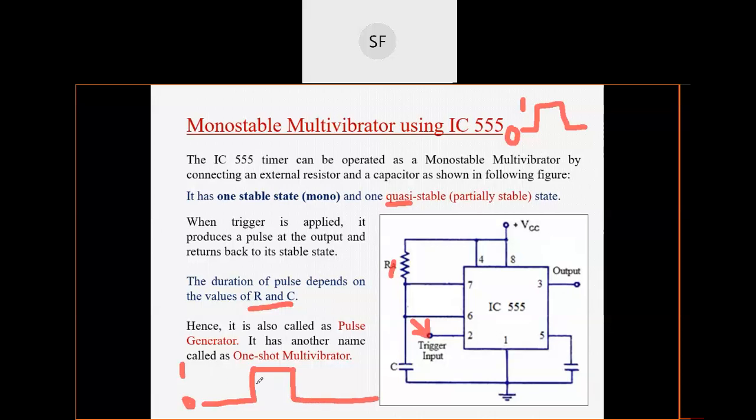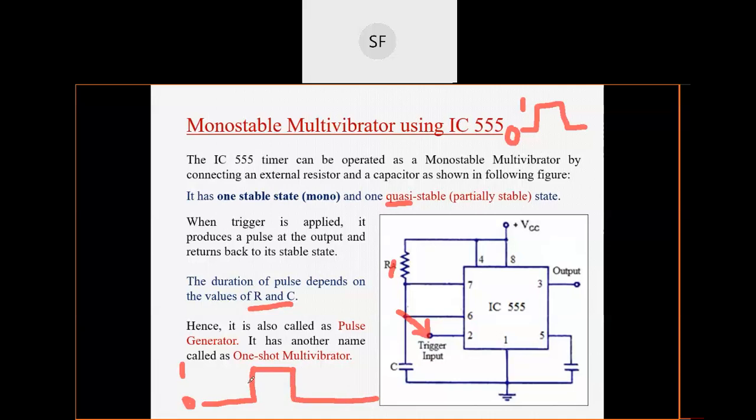So when you apply an external trigger at pin number 2, only then your circuit will change its state and remain in the other state for some period of time. How much time? That will be given by the values of R and C, and it will automatically come back to its stable state again.